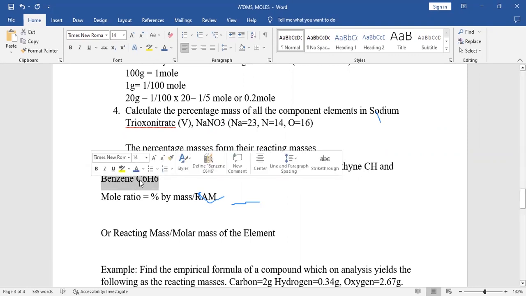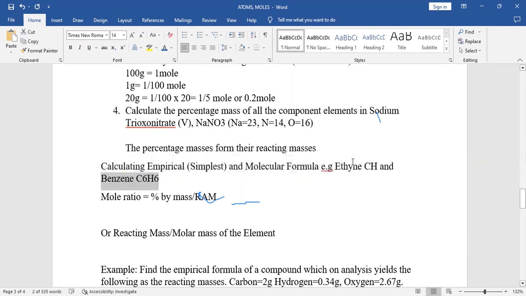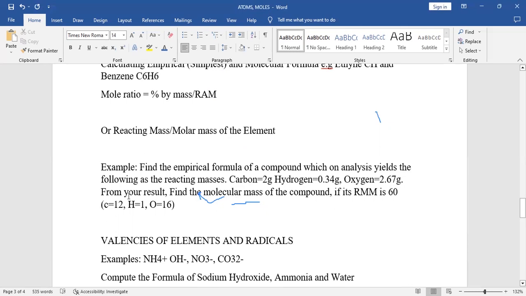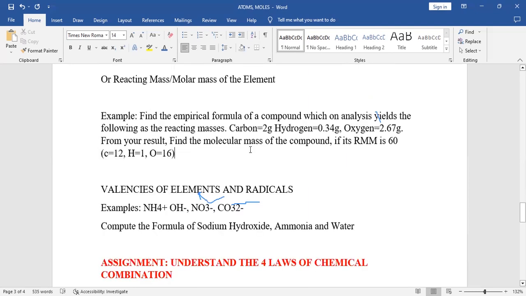The molecular formula is C6H6. The empirical formula for ethyne is CH. The molecular formula is C2H2. So the empirical formula is the simplest formula if you divide both sides into the lowest units. So you see, ethyne and benzene have the same empirical formula, but different molecular formulas. So we can use this to calculate empirical formulas and to help us. So let's do this.